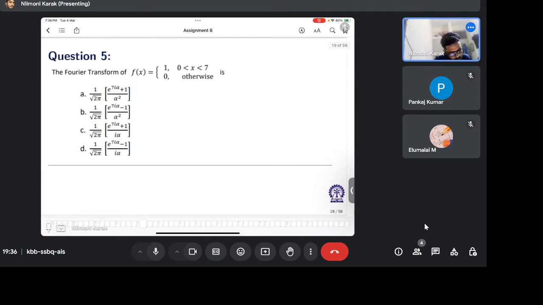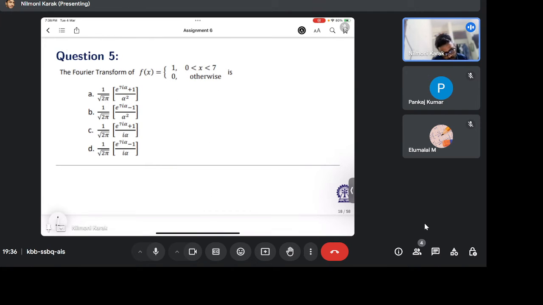Yeah, this is very simple. So option D is correct.